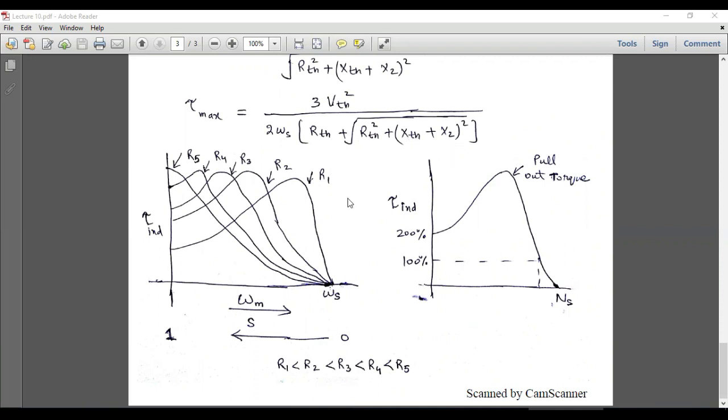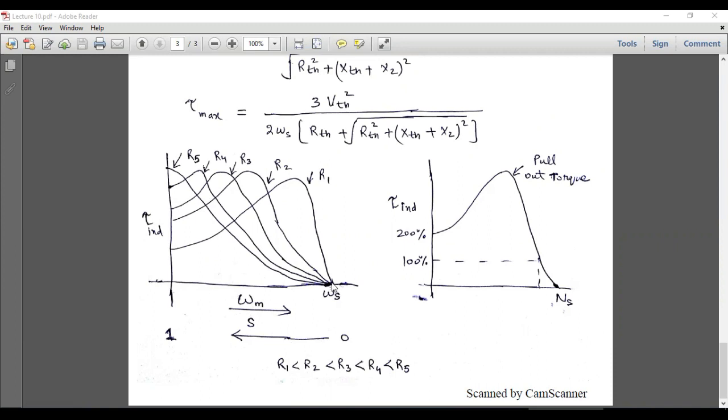Now, if we want to see further the torque speed characteristics of the induction motor, such curves are obtained for various values of rotor resistances. This plot is obtained for induced torque versus omega m. Here omega m is increasing from 0 to omega s, from left to right, so the slip is varying from right to left.